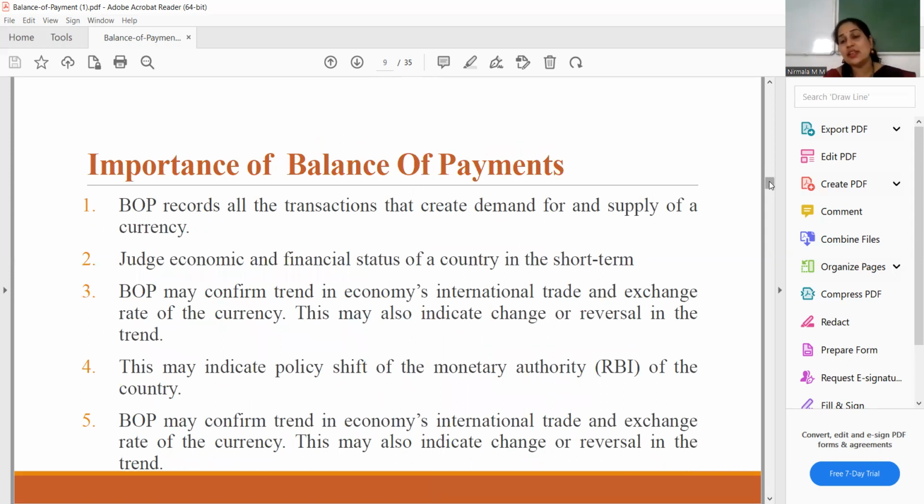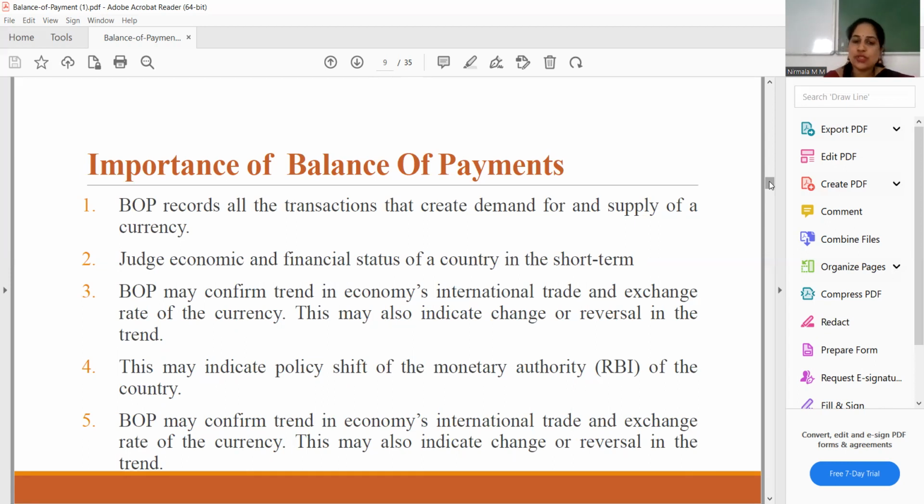Talking about the significance or importance of balance of payment, as the definition itself states, it's a record of all the economic transactions which create the demand and the supply for the currency of an economy. And it will even enable the organization to understand the economic and financial status of an economy in the short term, that is one financial year.